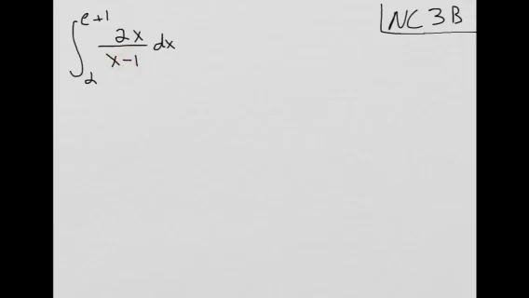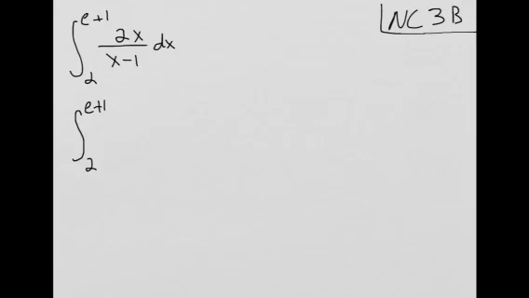All right, so you could use synthetic division. I could divide x minus 1 into 2x and then do the remainder thing. I'm not going to do it that way because I think it's actually easier to do it this way. So what I'm going to do is rewrite my fraction, the integral from 2 to e plus 1.